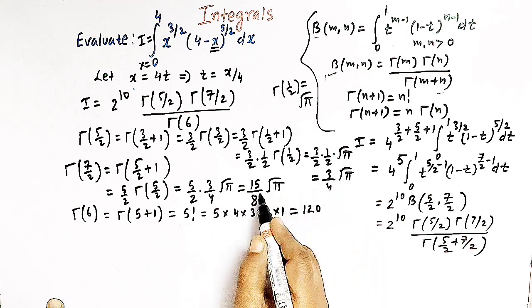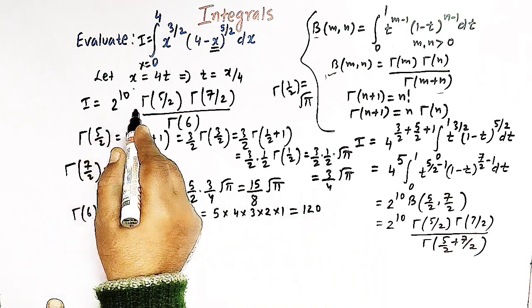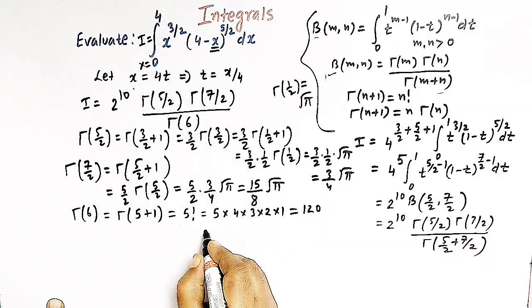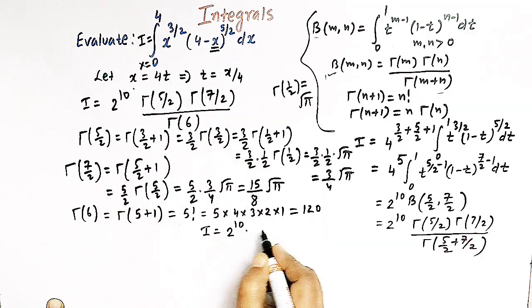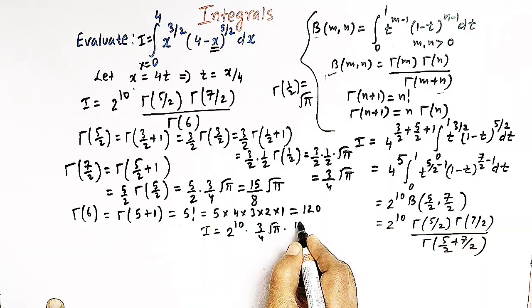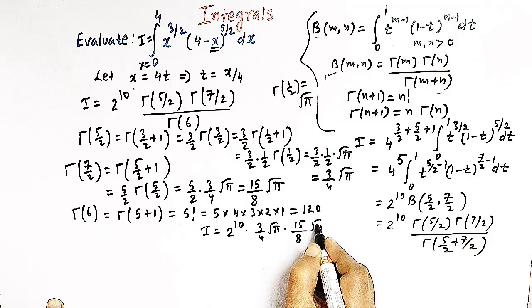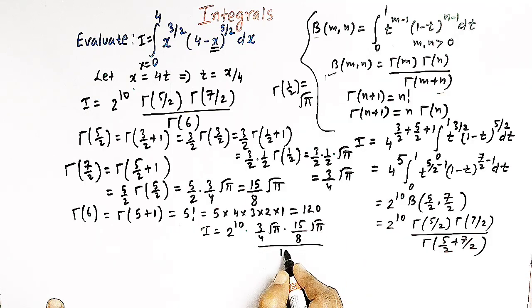So now let us substitute these values in this expression. So I can now be written as 2 raised to 10, then we have 3 by 4 root pi, then we have 15 over 8 root pi divided by 120.